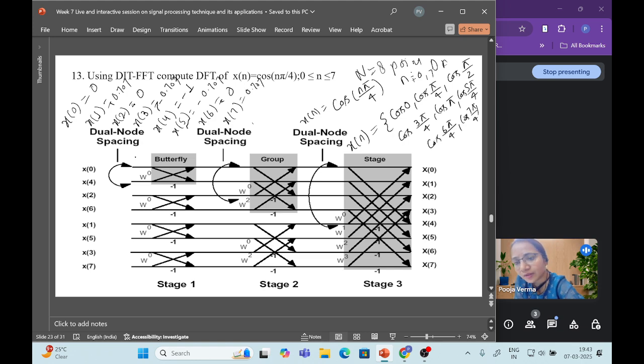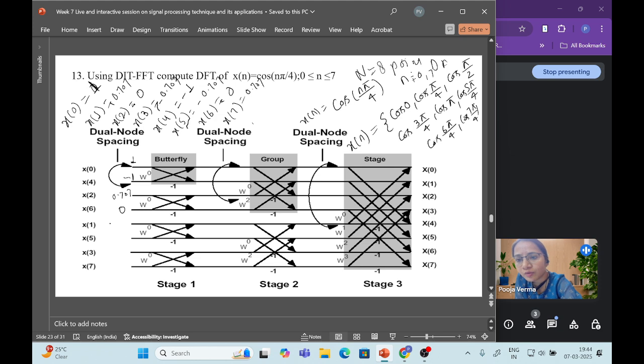So first one is 1, not a 0. So 1, because x of 0, now we have to put the x of 4 value because it is already given. So here minus 1. Now x of 2 is 0.707, x of 6 is 0.